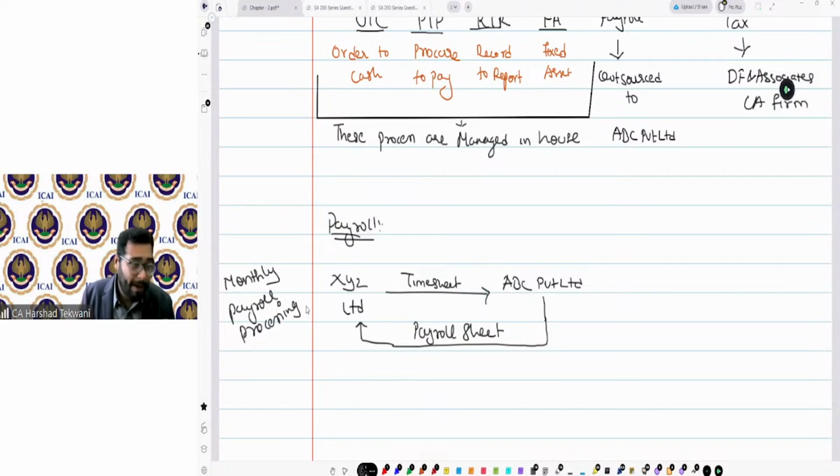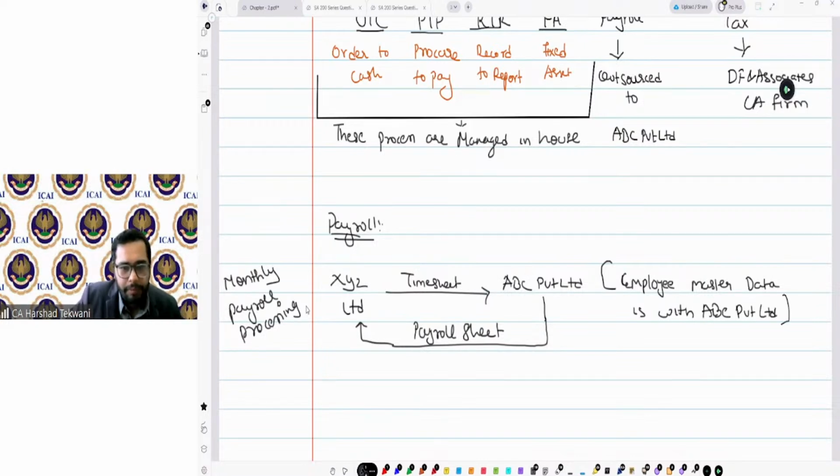So XYZ Limited just shares the timesheet for the month, and ABC provides the payroll sheet. Now ABC also has the master data. The employee master data is with ABC Private Limited.